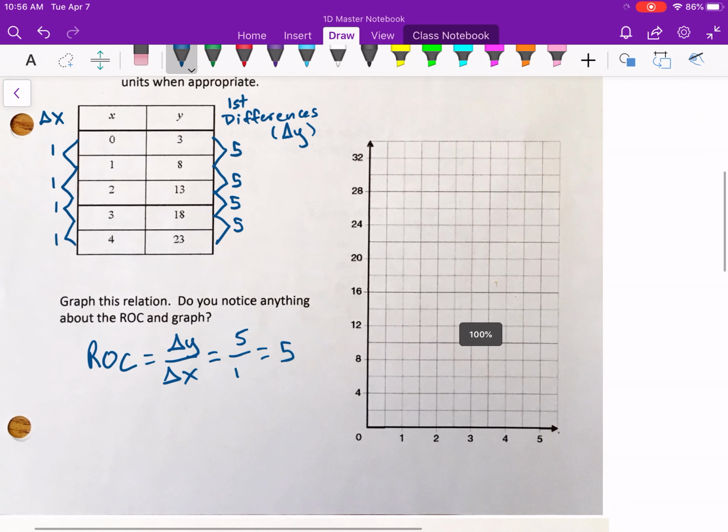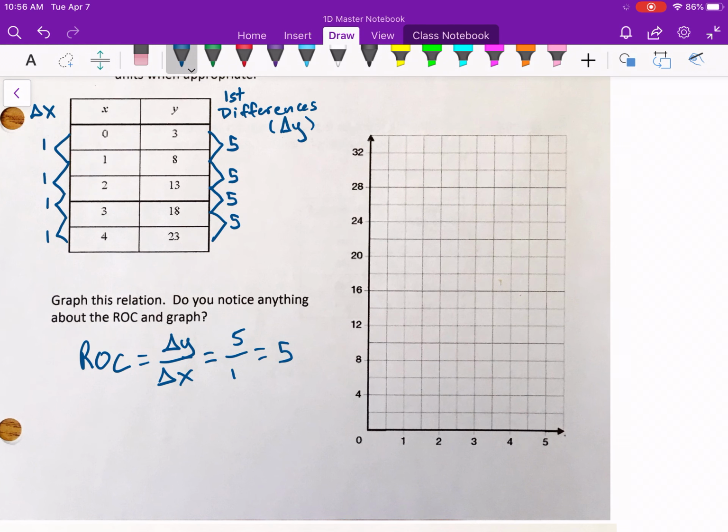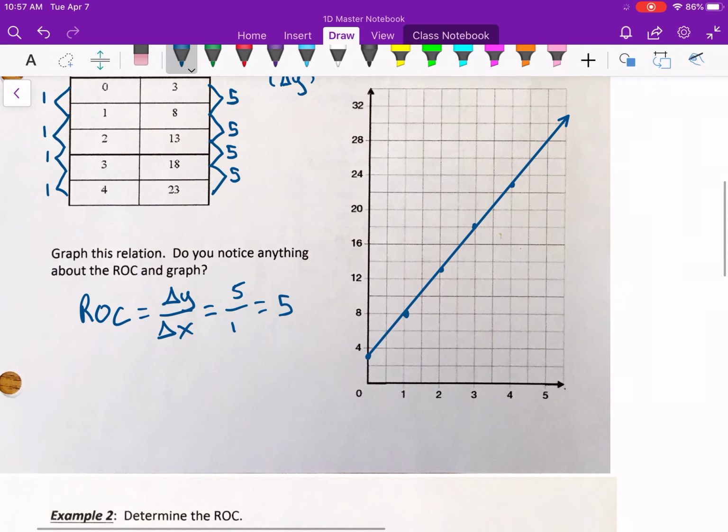If I graph this, then I have the ordered pairs. I have the ordered pair (0, 3), (1, 8), (2, 13), (3, 18), and (4, 23). Connect those dots. What you notice is a couple things, hopefully. One, you should notice that this is a linear relation.